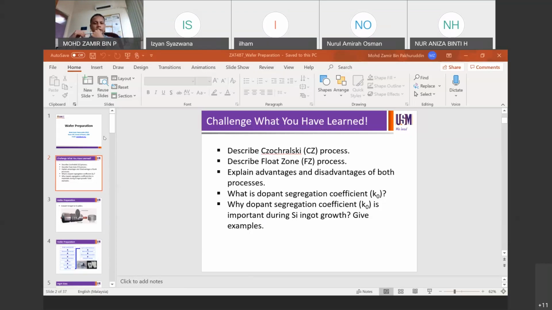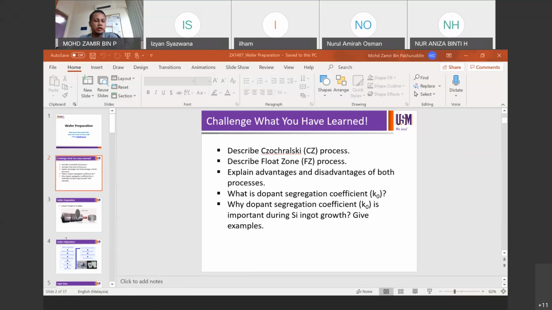So what is dopant segregation coefficient? What's the meaning of K naught? Apa maksud K naught ni? Liana, what's the K naught? Purity?